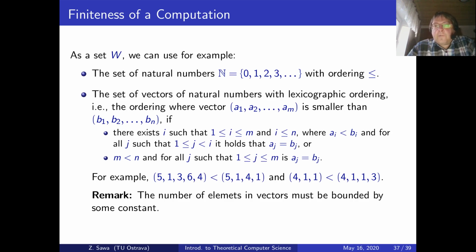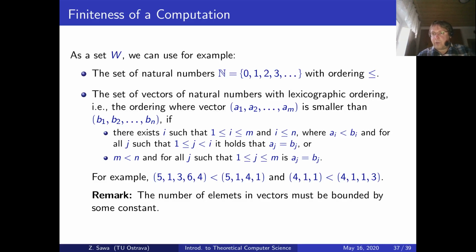And also, positive real numbers would not be a good example of such a set, because I could have sequences like 1 divided by 2, 1 divided by 4, 1 divided by 8, 1 divided by 16, and so on.